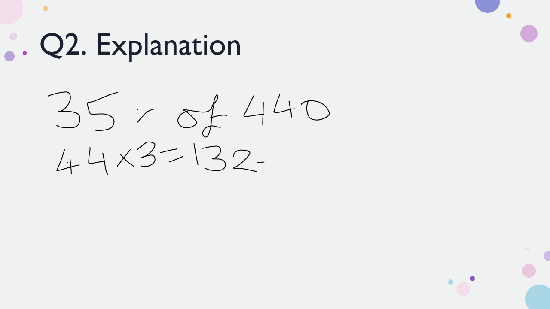Next, 132 plus 5%. 10% is 44, we know that, and to get 5%, it's 10% divided by 2. So 44 divided by 2 is 22. Next, 132 plus 22 is 154. So that's our answer for this question.